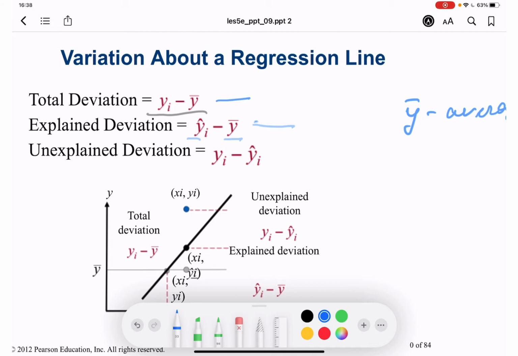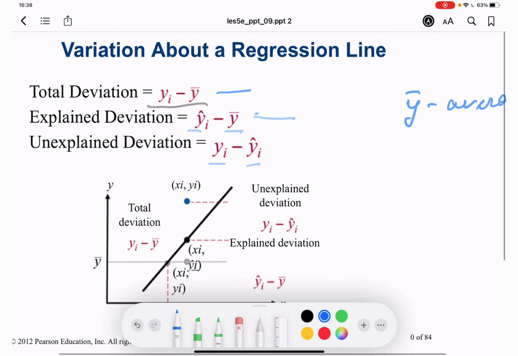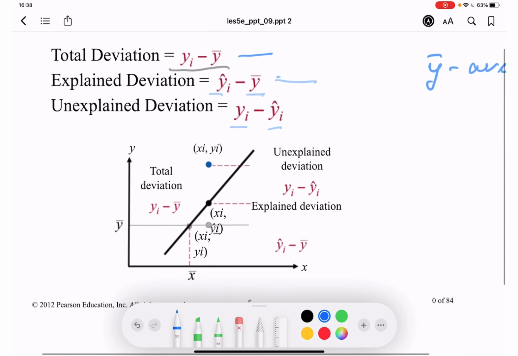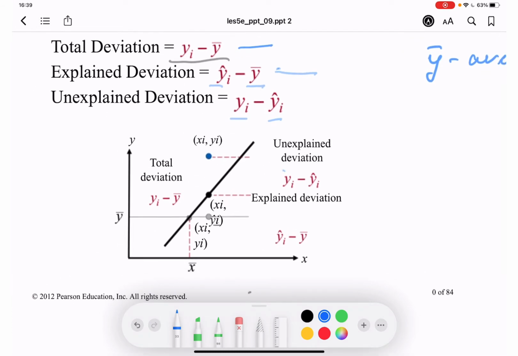But difference between observed value y i and predicted value y hat is going to be our unexplained deviation. Here it is. Unexplained deviation. All right.